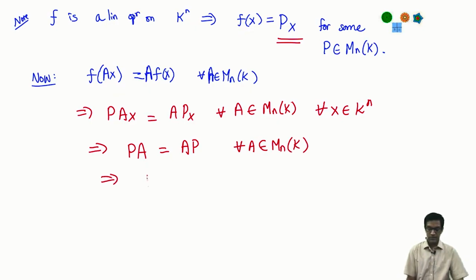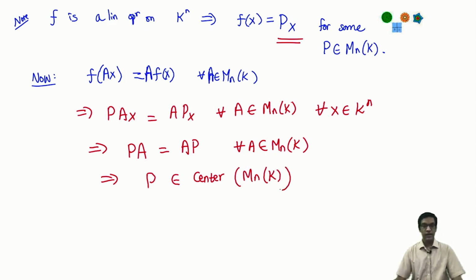In other words, this matrix P is extremely special. It commutes with every matrix, so this belongs to what's called the center of this ring. Okay, the center of a ring is just a set of elements of the ring which commute with all elements of the ring. Okay, so I conclude that this matrix P must actually belong to the center of this ring.